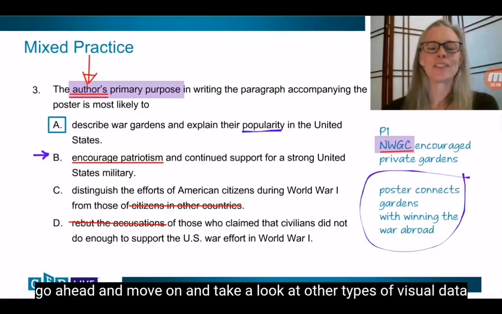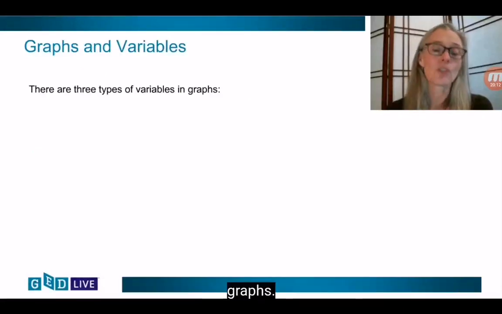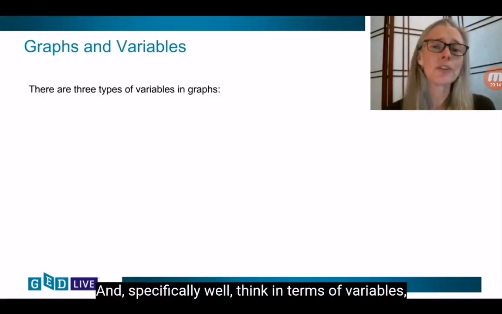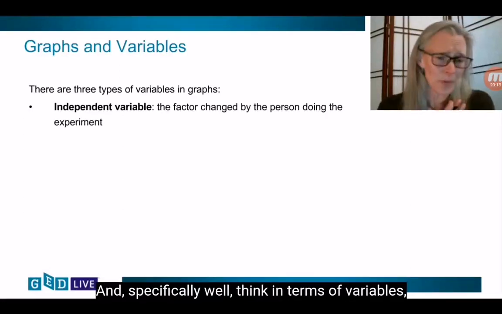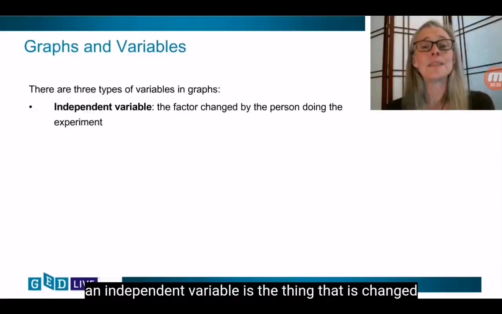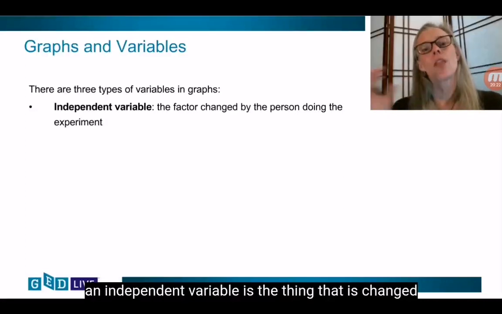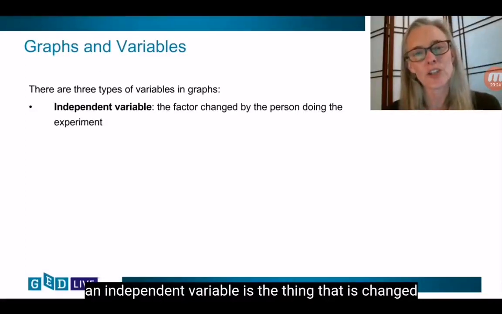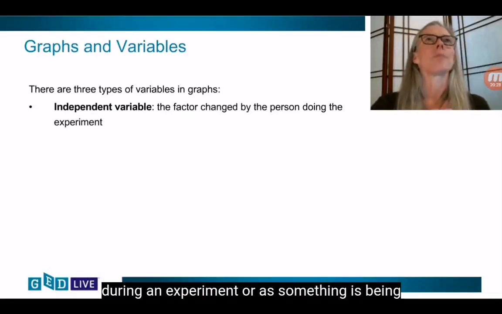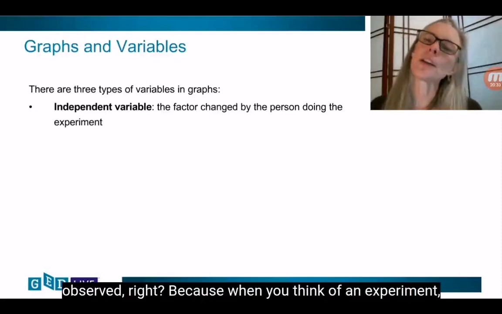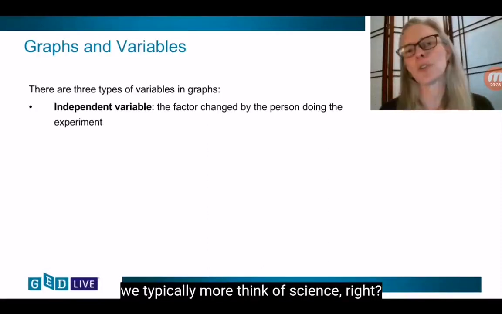Let's go ahead and move on and take a look at other types of visual data, graphs. And specifically, we'll think in terms of variables. Now, an independent variable is the thing that is changed during an experiment or as something is being observed, right? Because when you think of an experiment, we typically think more of science.